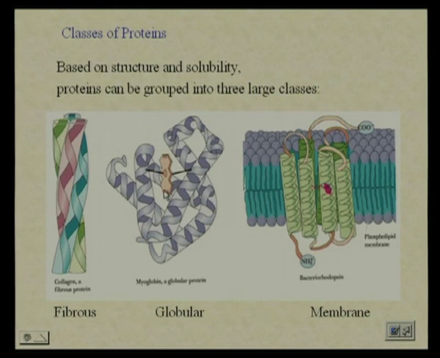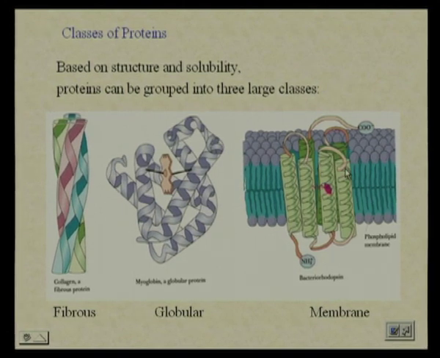The structure that you see here is the heme, which we will be studying later on when we consider myoglobin and hemoglobin specifically. Now, if you look on the right hand side, we have the membrane proteins. The membrane proteins, as we studied last time, are embedded in the phospholipid bilayer that forms the cell membrane, and we have these transmembrane helices.